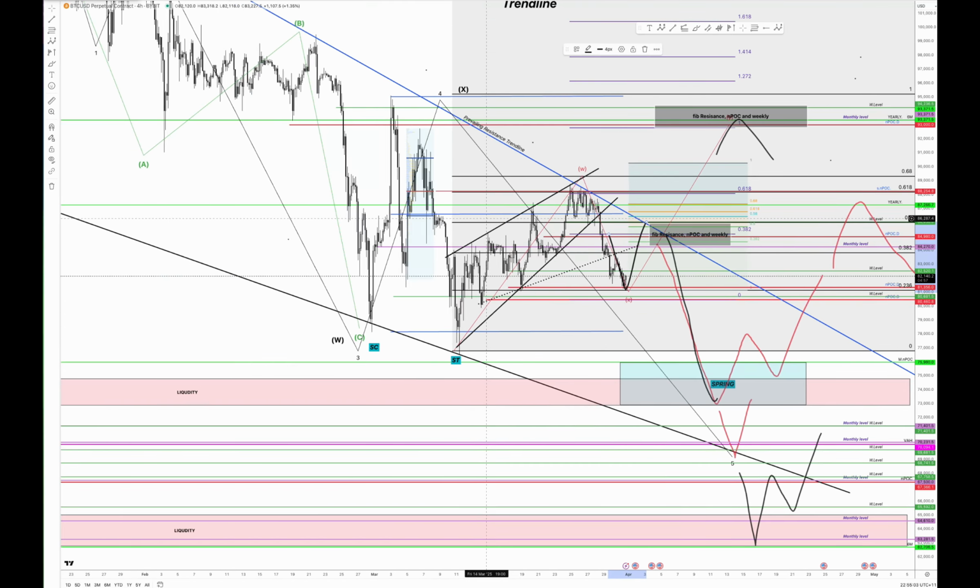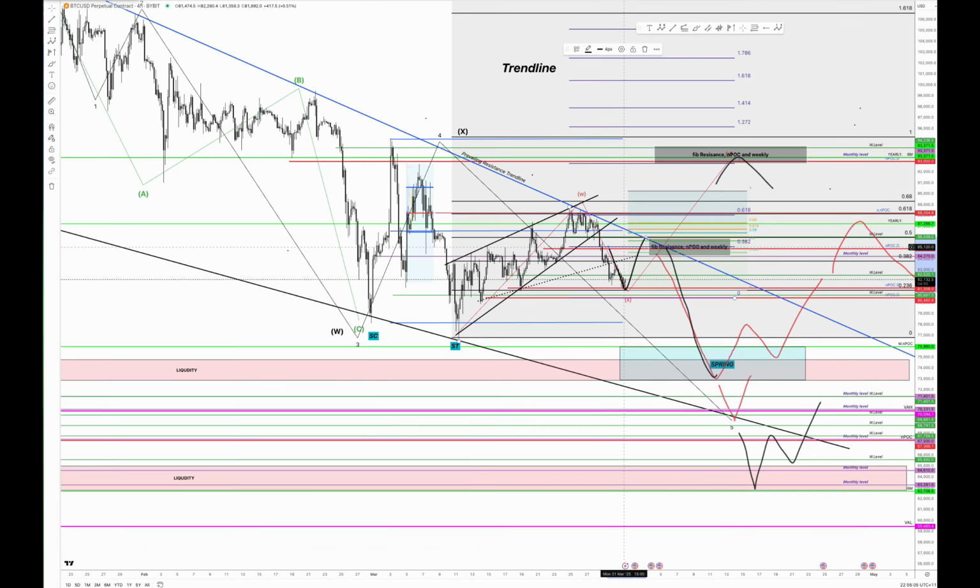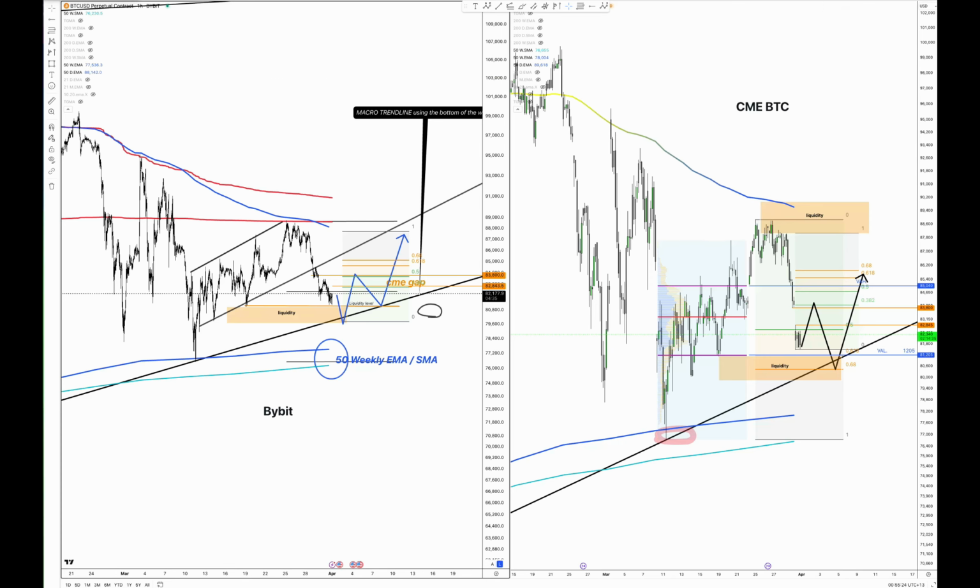That's a major resistance trend line as well. So after the gap, it's about the same, right here. And it's got the macro trend line that I haven't mapped on the other. So that trend line, and then we get a rejection, maybe a squeeze in this area, and then further down. Right, so hopefully that makes sense.